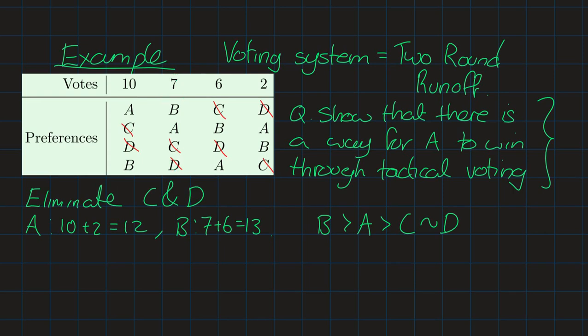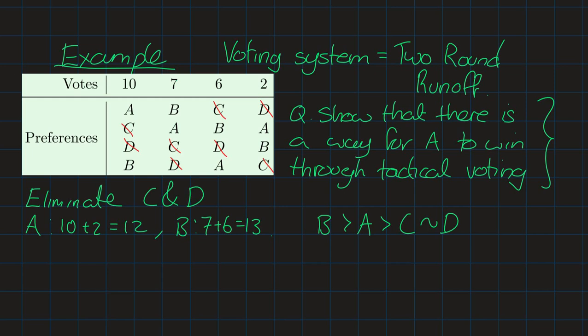I'm going to try and do the pushover method. The idea behind this is if everyone votes sincerely, then A and B go up against each other in the final round and B beats A.